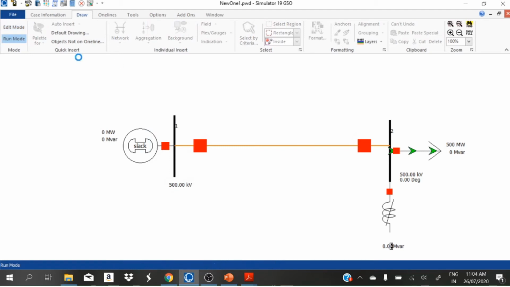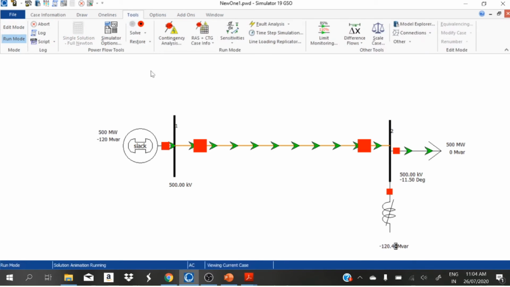Now we run, tools, run. Here in this model we can observe that for 500 megawatt load, without the switched shunt, the voltage at the receiving end is 526.83, which is much more than the sending end voltage.